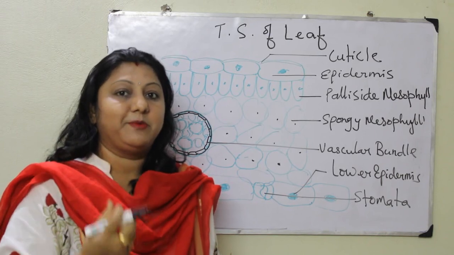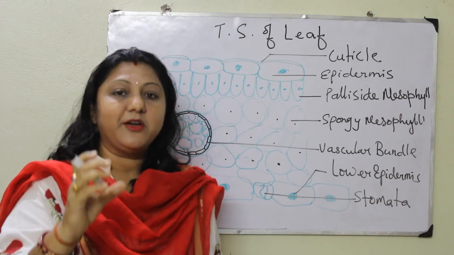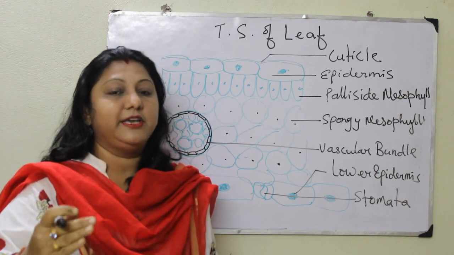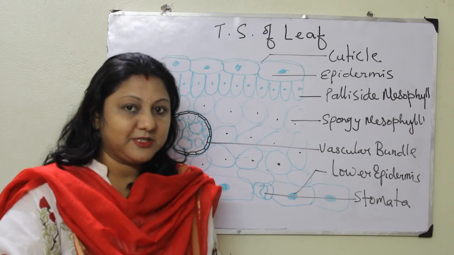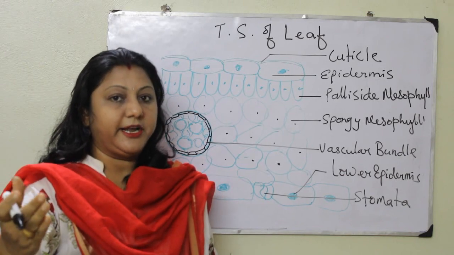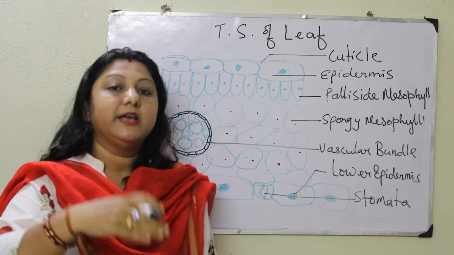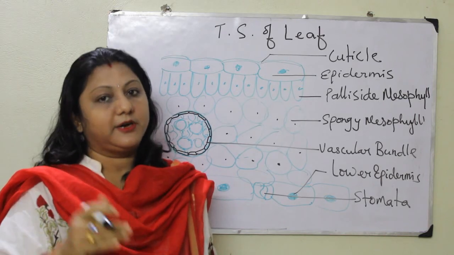It has the capability to trap the sunlight. And after trapping of sunlight, only then can the rest of the events of photosynthesis take place. Like the absorption of sunlight is the first stage, then light energy is converted to chemical energy, then splitting of water, then comes the reduction of carbon dioxide.